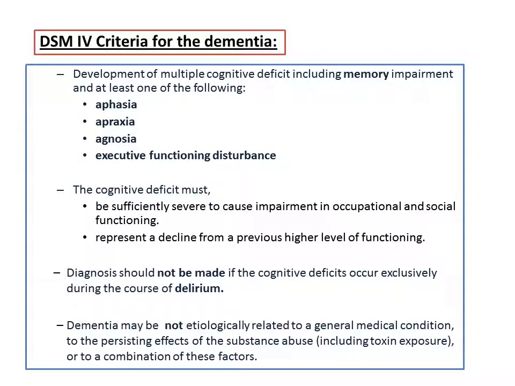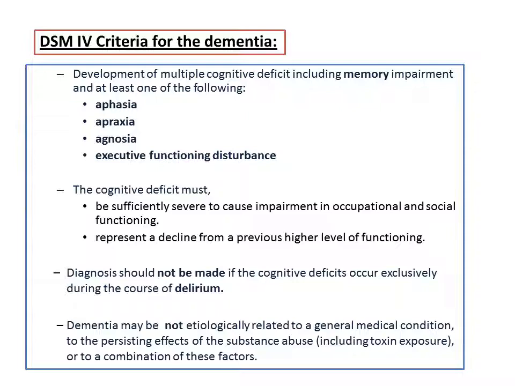DSM-4 criteria for dementia: development of multiple cognitive deficits, including memory impairment and at least one of the following: aphasia, apraxia, agnosia, executive functioning disturbance. The cognitive deficit must be sufficiently severe to cause impairment in occupational and social functioning, and represent a decline from a previous higher level of function.